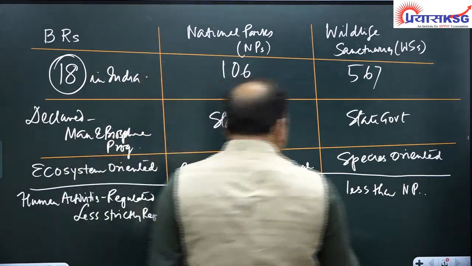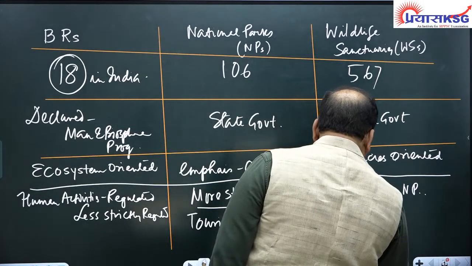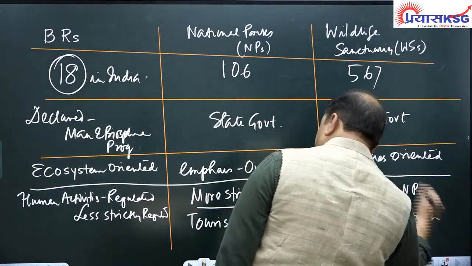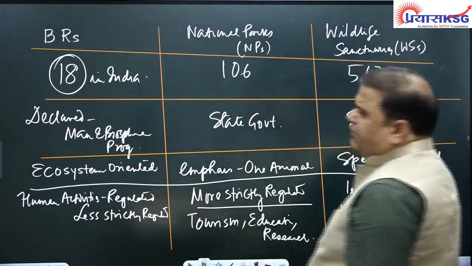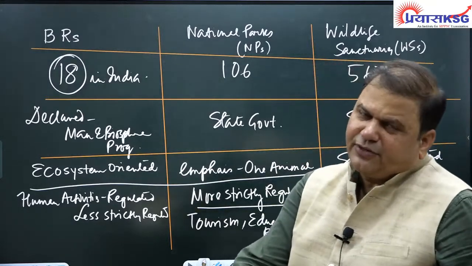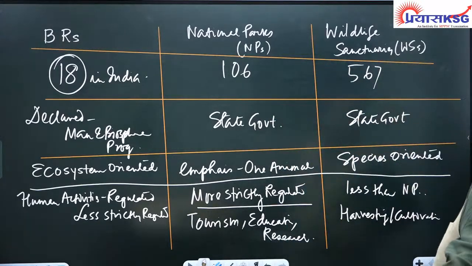But when we talk about wildlife sanctuary, it can be utilized for harvesting and cultivation. And in biosphere reserves, in different areas, different types of activities are conducted. Clear? So that's the difference between biosphere reserves, national parks and wildlife sanctuaries.